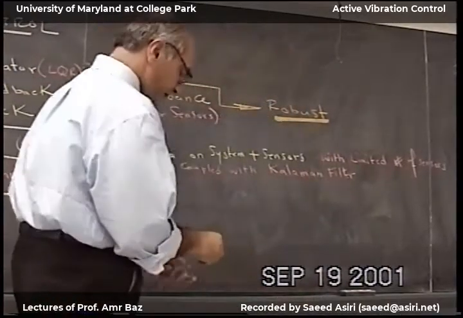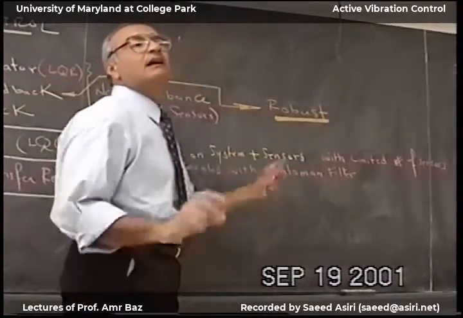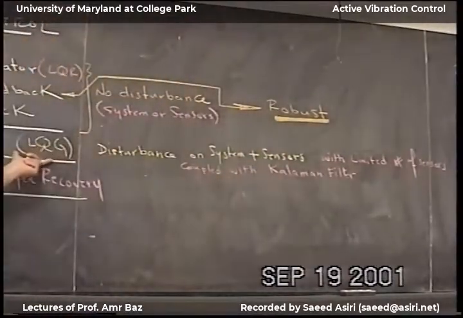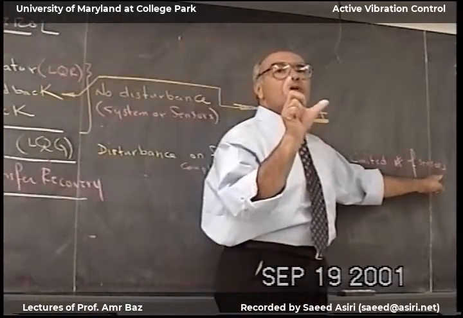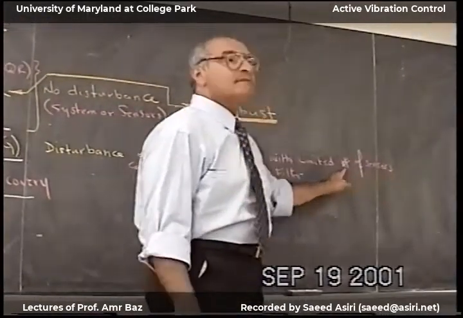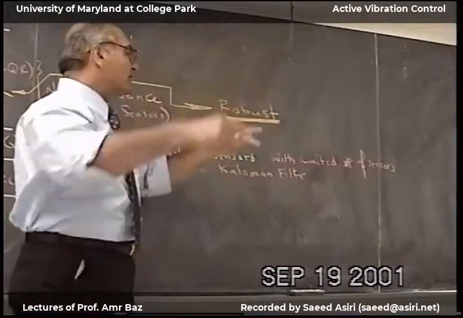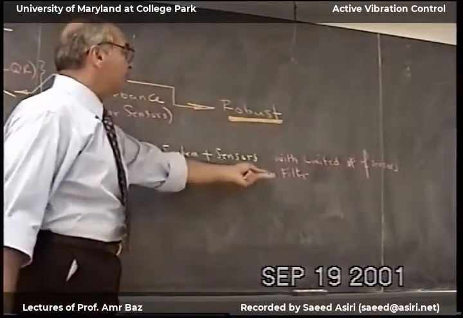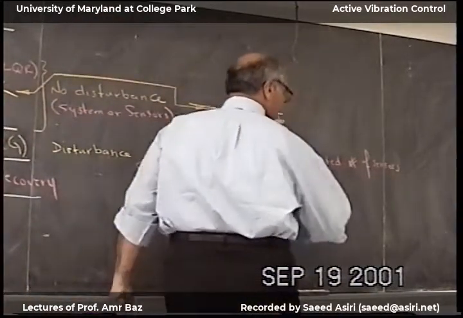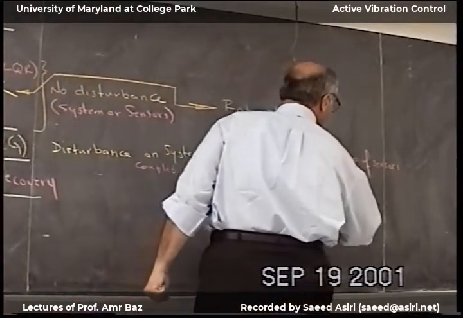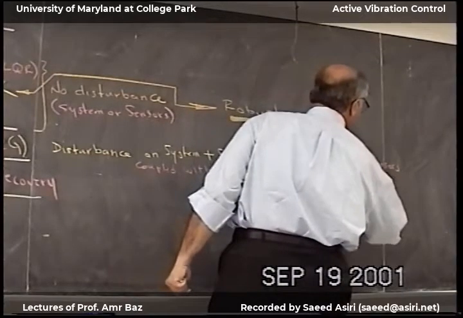The Kalman filter is just a name that says I want to re-estimate what I'm not measuring. So I'm measuring only a small number of pieces of information, and I want to reconstruct the system by using this Kalman filter, or just simple word, state estimator.